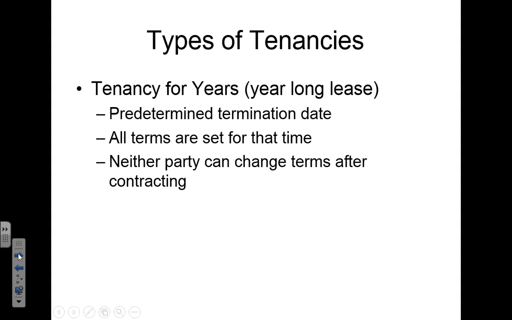Okay, so here's a contract that's made. The terms are set. Neither party can change anything. It's kind of nice, and we need to look at the pros and cons of both a tenancy for years and a periodic tenancy. But let's just use this example.